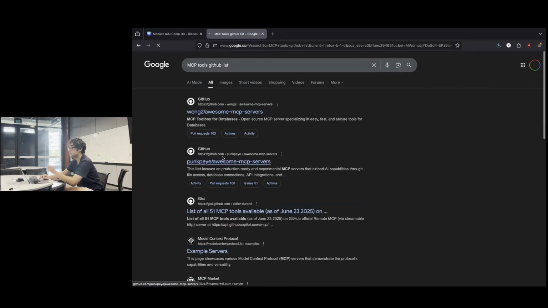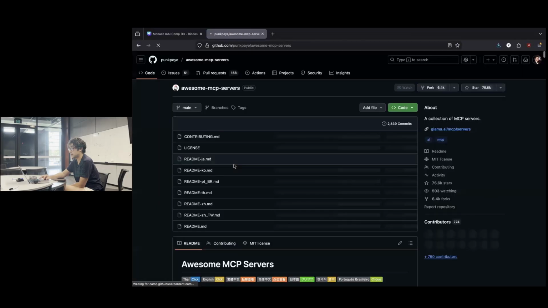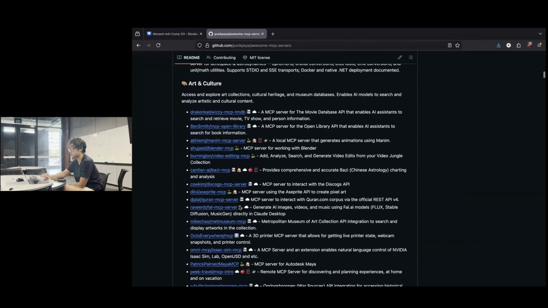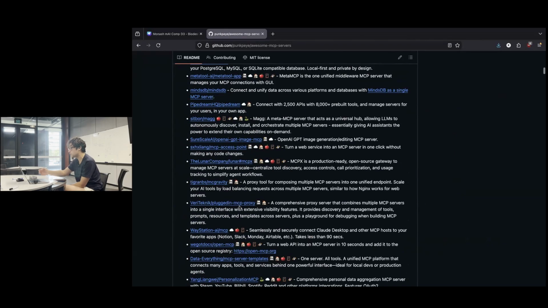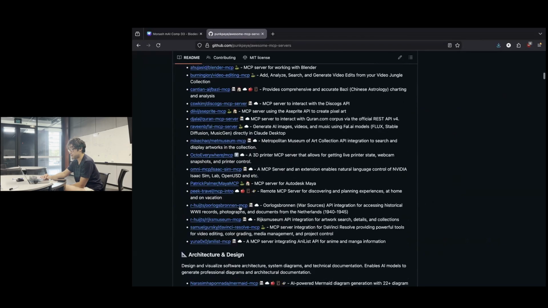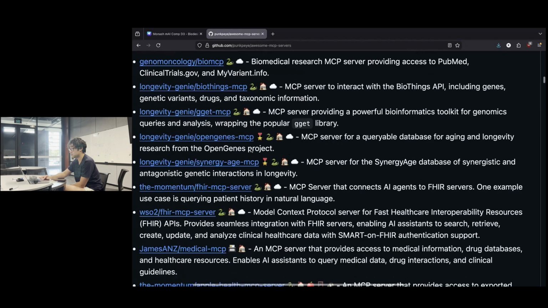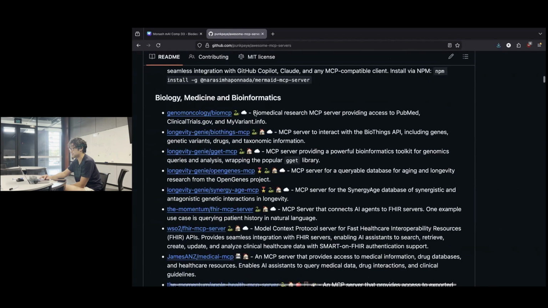Yeah, so this is a complete list of different MCP servers that you can access, which means tools that AI can use, right? So, for example, if you want biology, medicine, bioinformatics, and you want to give AI access to PubMed articles while you do stuff, then you use this tool here.